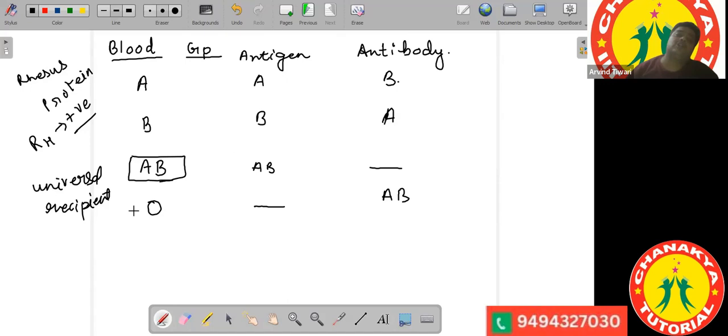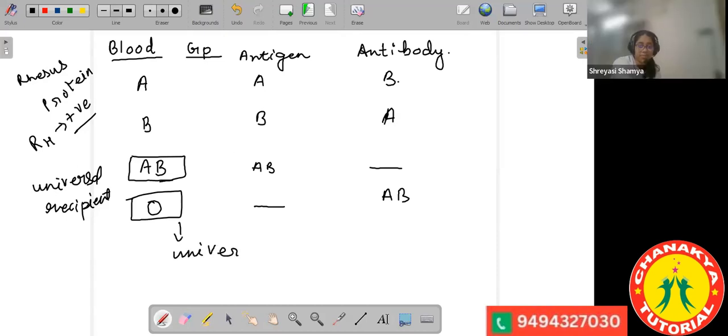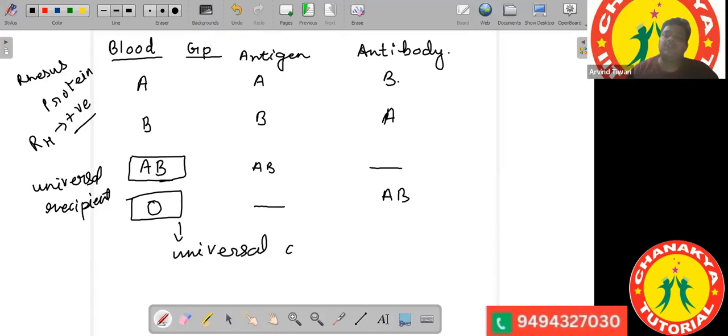Whereas blood group O is the universal donor. It can donate to anyone.